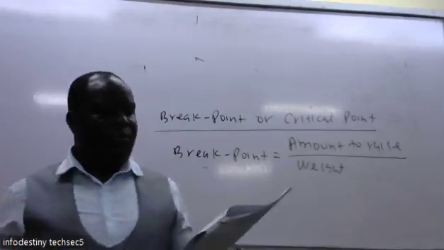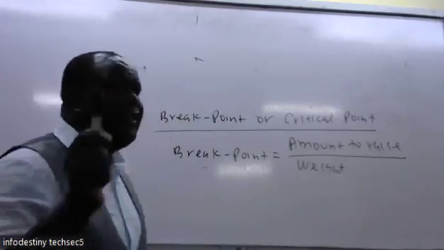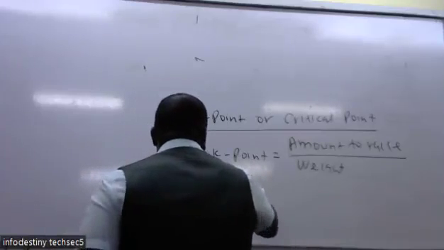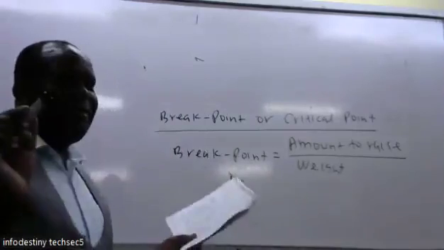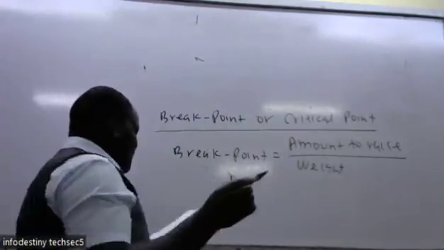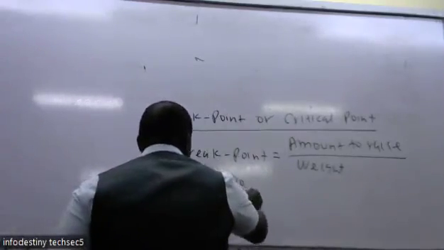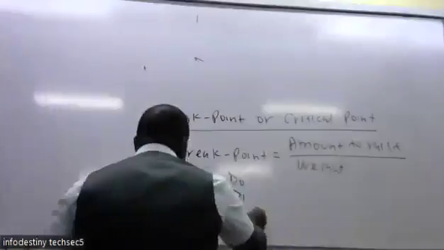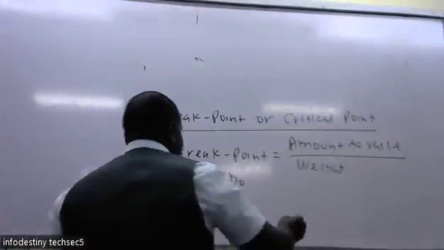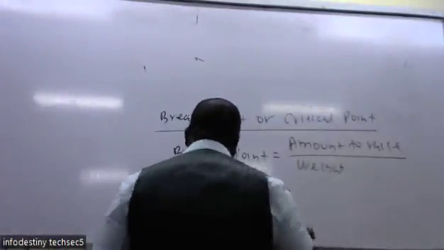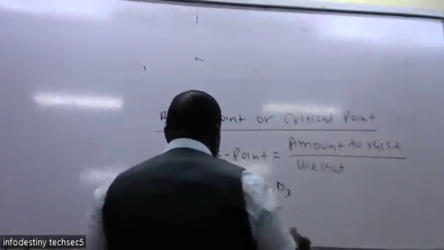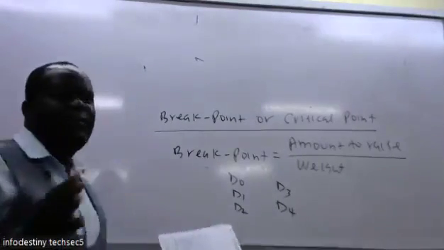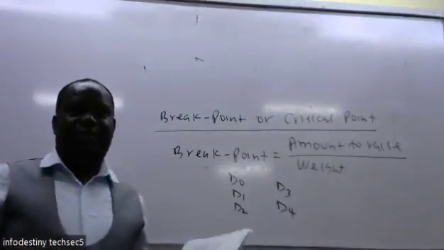So what you do, 2016 you label it as D0. 2017 will be D1. 2018 will be D2. Then 2019 will be D3. 2020 will be D4. So the first one is always period 0.